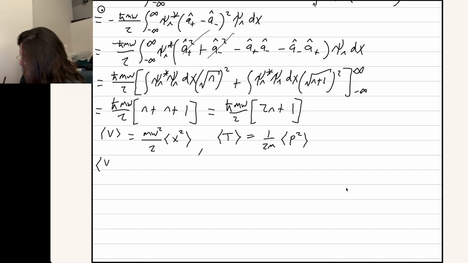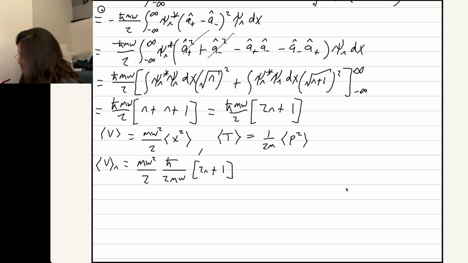So the expectation value of the potential for any particular state n is going to be m omega squared over 2 times h bar over 2m omega times 2n plus 1, and then the m cancels out, the omega cancels out.